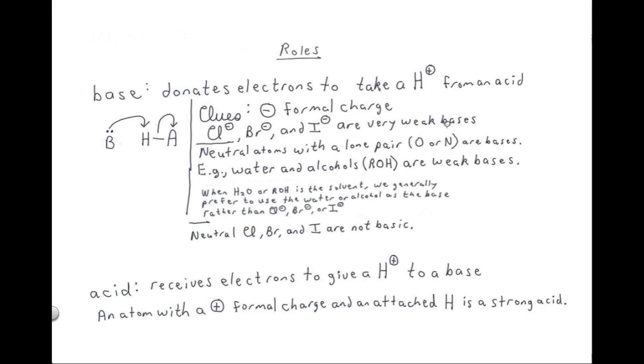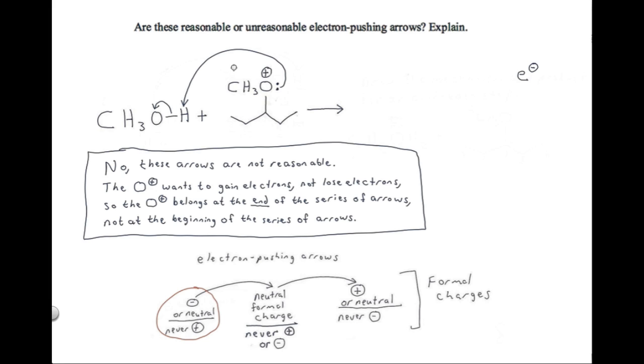But we would never have an atom with a positive formal charge as an electron donor, even if it has a lone pair. Atoms with positive formal charges want to receive electrons, even if they have lone pairs. The most important tool for drawing the correct electron-pushing arrows is the formal charges. Don't put an atom with a positive formal charge at the beginning of the series of arrows, even if it has a lone pair.